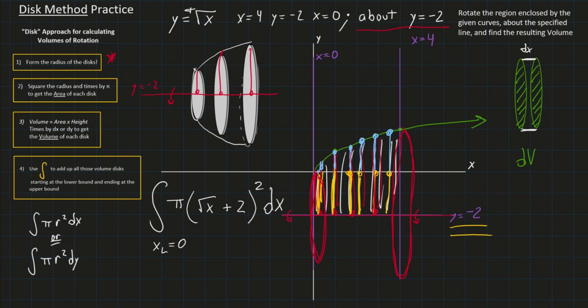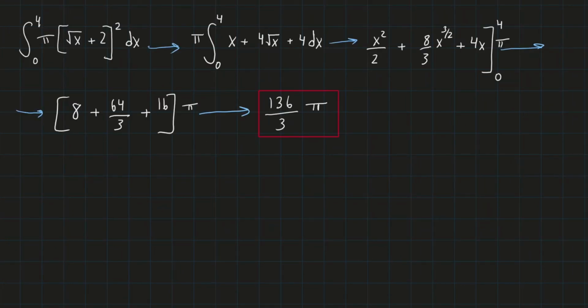And the x coordinate of that disk looks like it's going to be 4. So that will be my upper bound. And there we go. Integral is complete. Just got to crunch the math. And if I crunch that integral, I'll get 136 over 3 times pi.